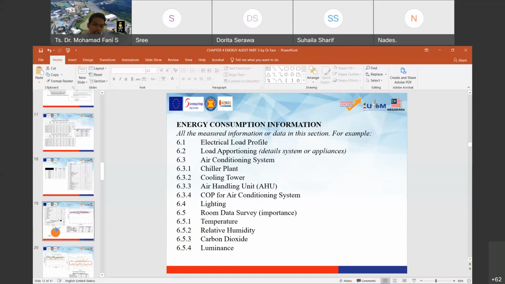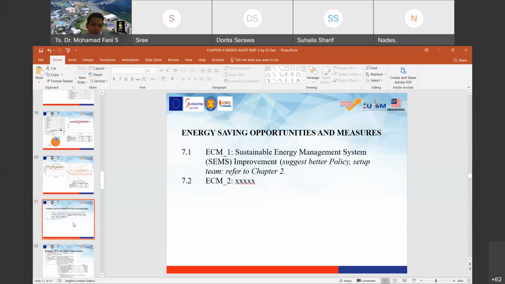And for the section 7, the opportunity for saving. This one is ECM number 1, for example, sustainable energy management system, improve, suggest better policy. From the energy management metric that you have, the status of the energy management that you plot in early stage of the energy audit.